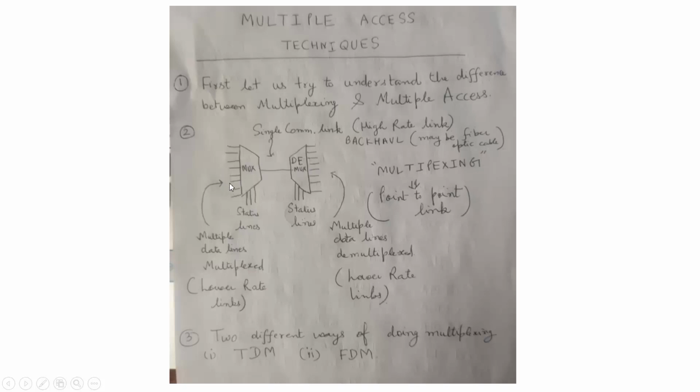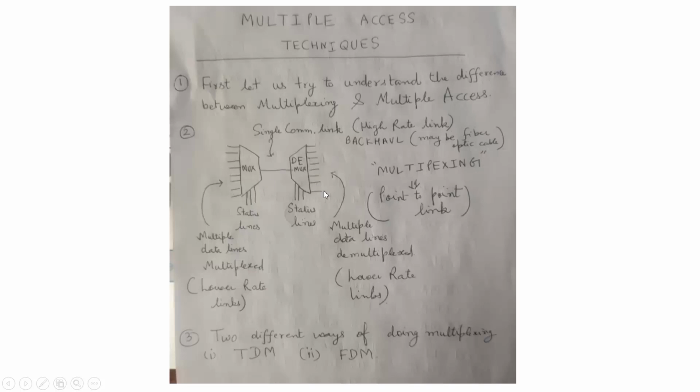These multiple lines are the input data lines, and these are low rate lines. So this single link in between the mux and demux will be a high rate link. It can be a backhaul or a fiber optic cable, which will carry the high rate data through this link.